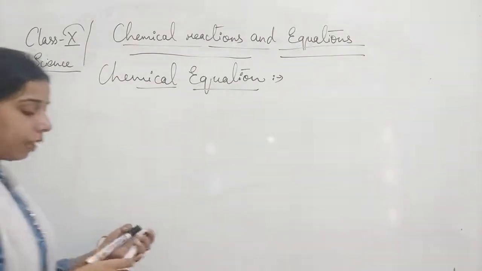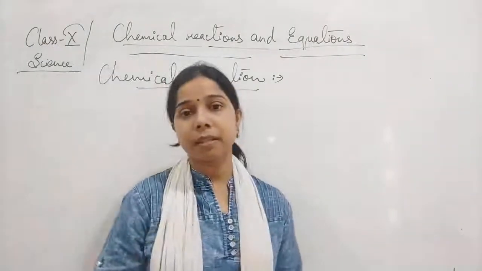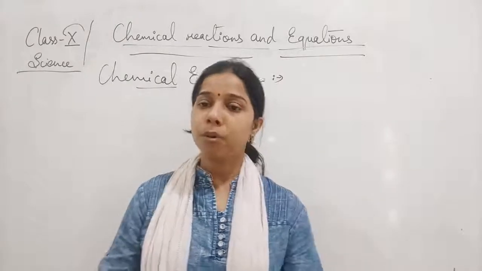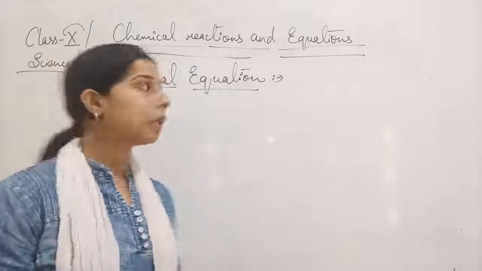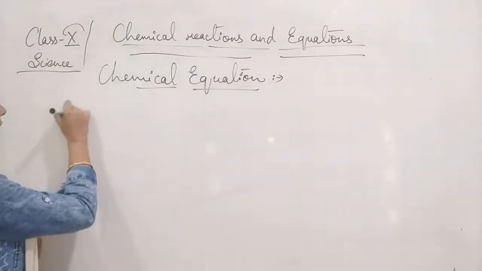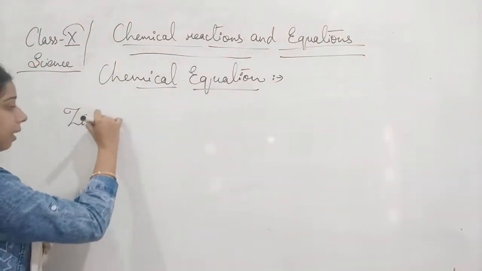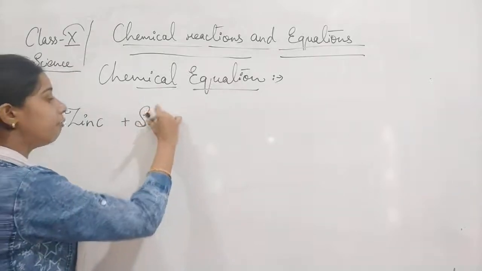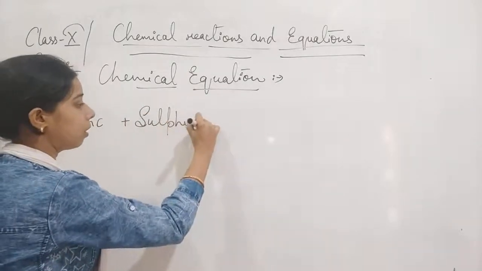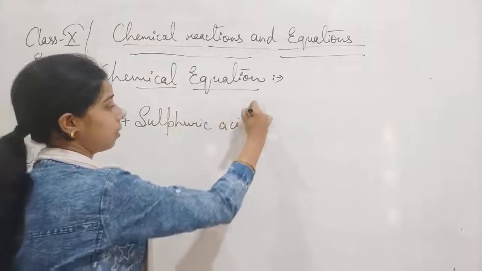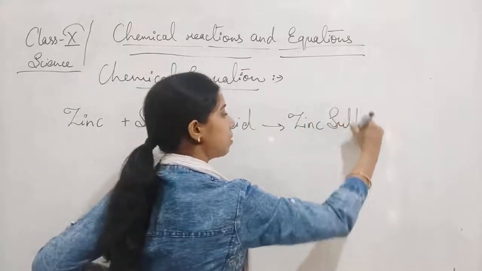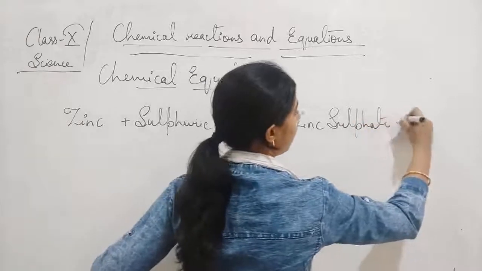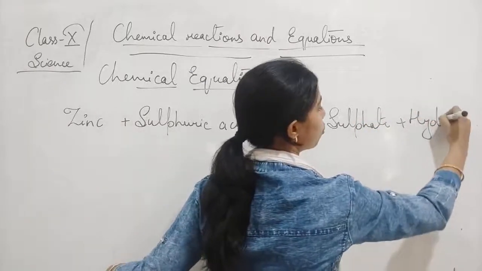Before that, let me write a chemical reaction. Suppose we are writing a reaction in which zinc is reacting with sulfuric acid. We can write it like: zinc plus sulfuric acid forms zinc sulfate plus hydrogen.